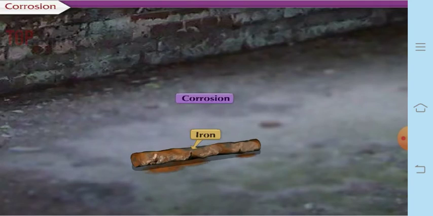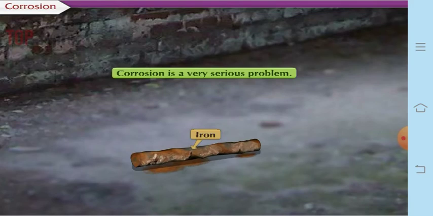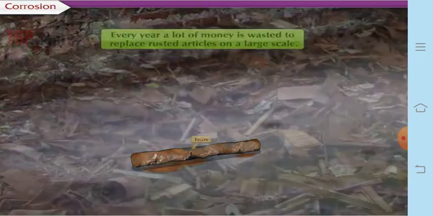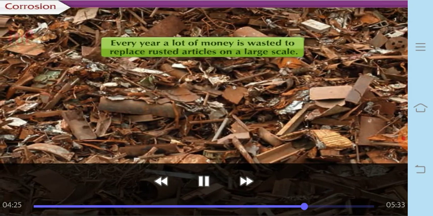This is also called corrosion. Iron rusts and a reddish colored layer collects on it. This is called corrosion of iron. Corrosion is a very serious problem, because every year a lot of money is wasted on a large scale to replace rusted articles.